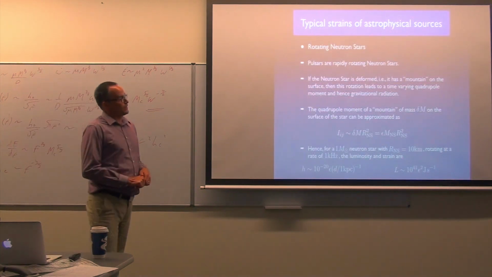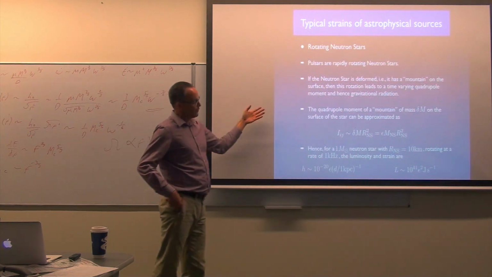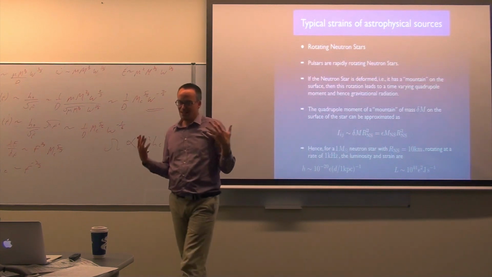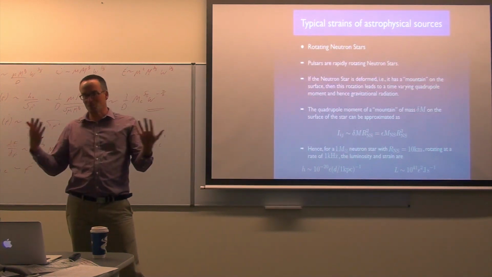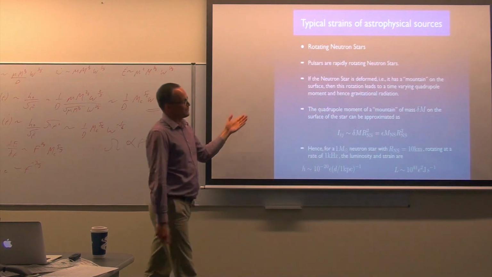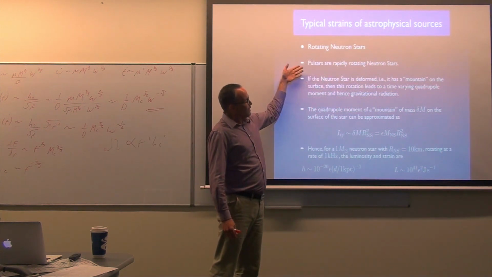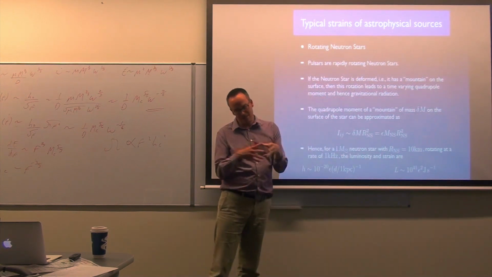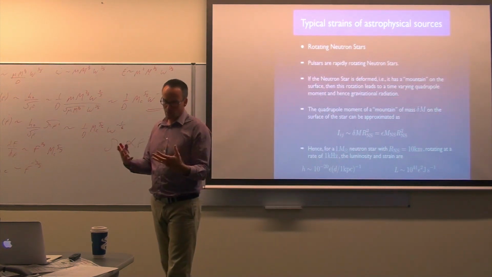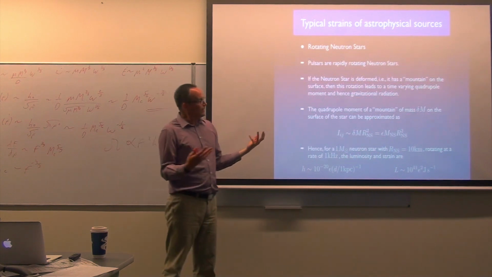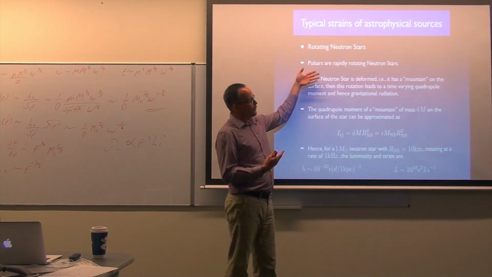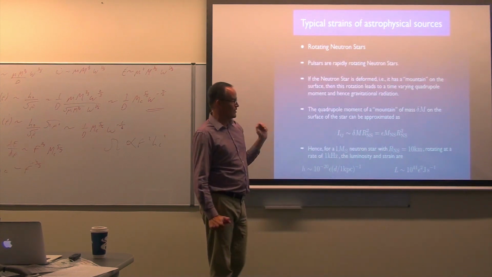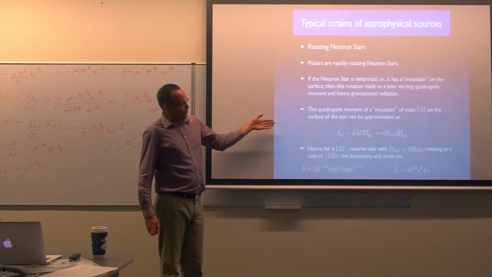So the other type of source that I'll talk a bit more about tomorrow are neutron stars. A neutron star is not a black hole, so it can have a quadrupole moment, as Eric said this morning. If you have a neutron star that's deformed in some way, this could be an internal deformation due to fluid processes, then its quadrupole moment, because it rotates rapidly, is changing, and that produces gravitational radiation.